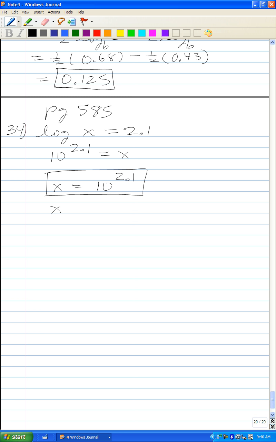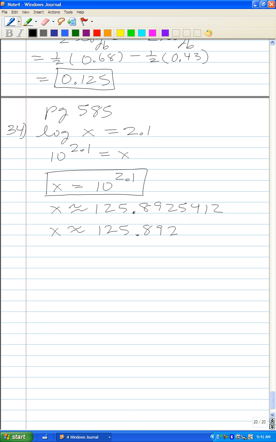And so let's plug that into a calculator. Let me check what that is. 10 to the 2.1 is 125.8925412, etc. And you want it to 4 decimal places. 1, 2, 3.